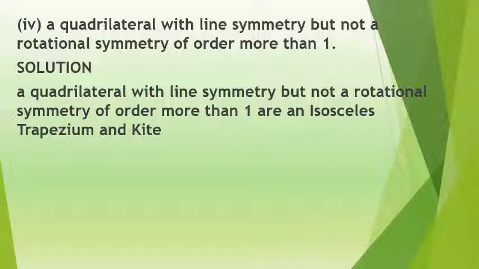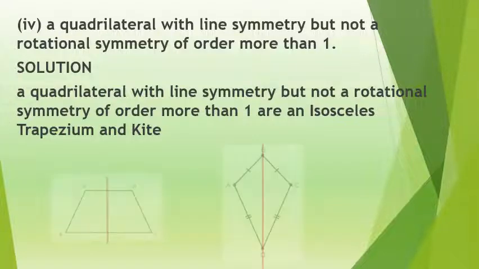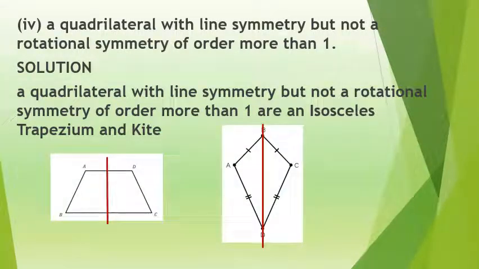An isosceles trapezium is a quadrilateral which has only one line of symmetry and not a rotational symmetry of order more than 1. That means the order of rotational symmetry of an isosceles trapezium is 1.